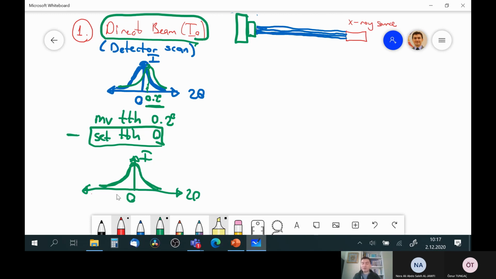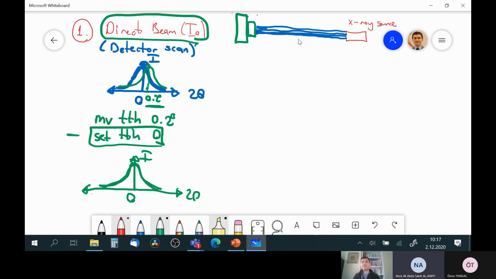I have shown you some pictures of such X-ray diffractometers, so you can manipulate the position of both the X-ray source and the X-ray detector. But in such cases, of course, at the beginning, you have to send the X-ray source to the 0 position, and then you should start with this alignment procedure.